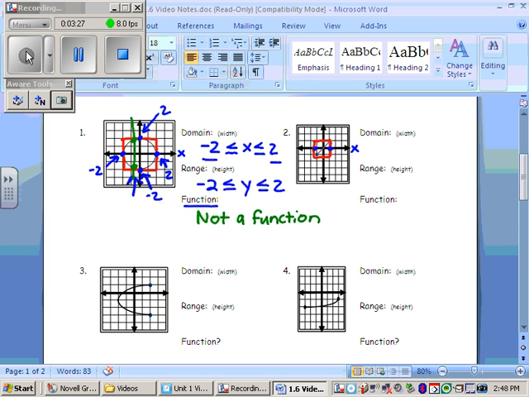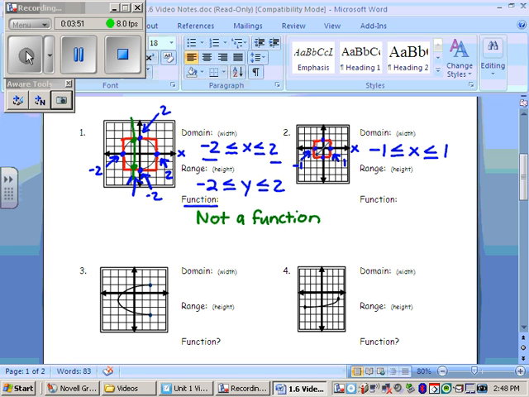So in this case, our smaller number, or the number to the left, is -1, and to the right is +1. So when we write our domain, it will be -1 is less than or equal to x, which is less than or equal to +1, showing that all of our x values for that particular line are between or equal to the values of -1 and 1.